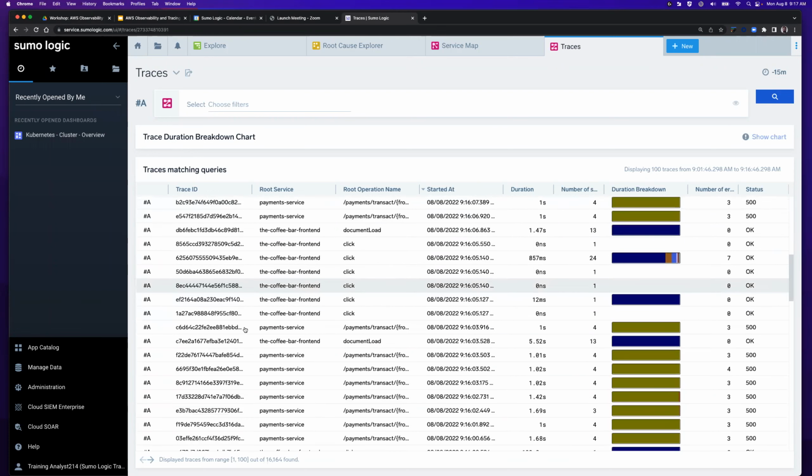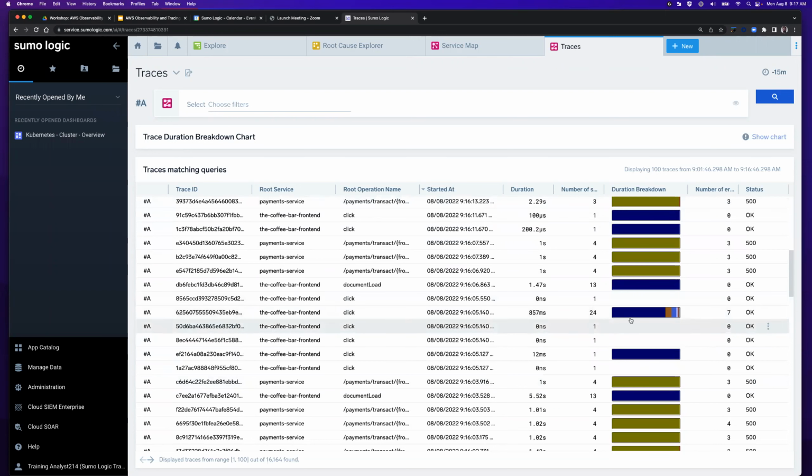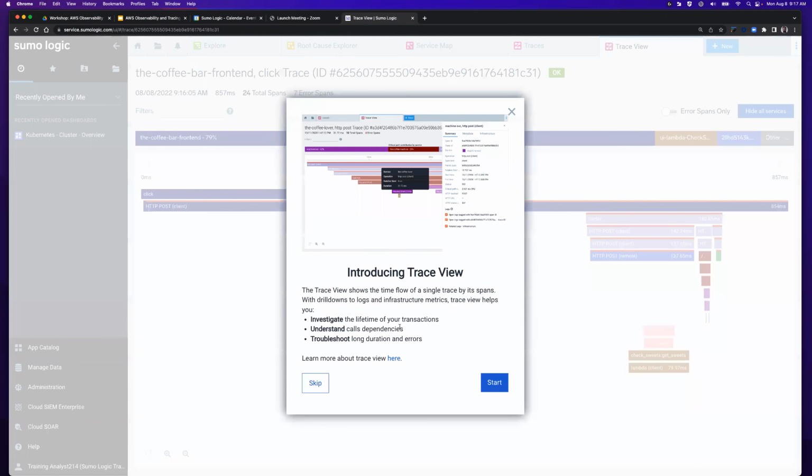If I click on one, I want to look for a good one here, one like this. What I see in here, and the trace view explanation right here is going to describe exactly what I'm about to describe. But as it says, we see the time flow of a single trace by its spans, essentially by its components of the order.